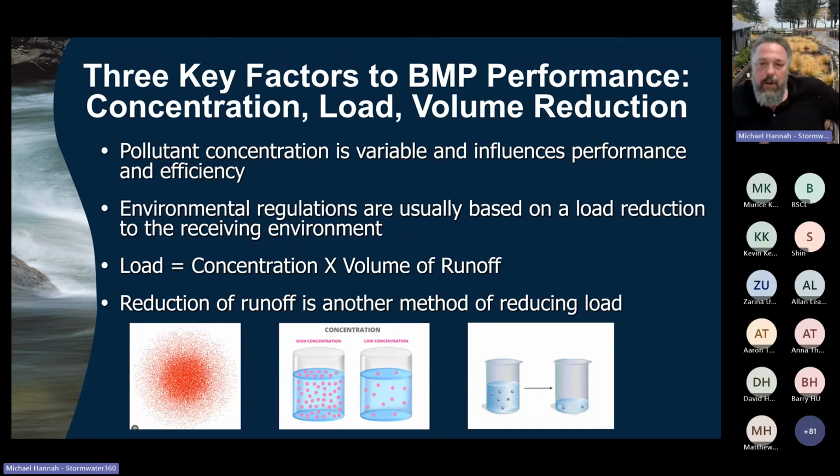Load is a function of concentration times the volume of runoff. So the reduction of runoff is another method for reducing load. Not only reducing the concentration, but reducing the amount of runoff is another way of reducing the load.